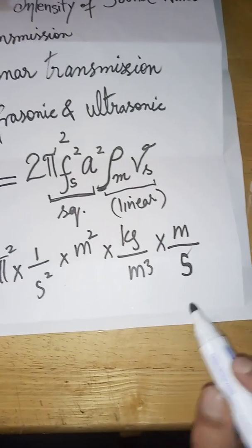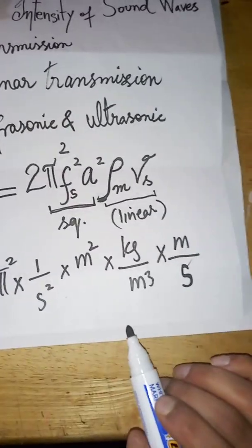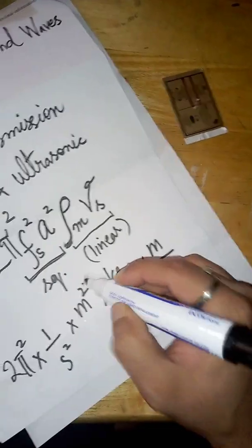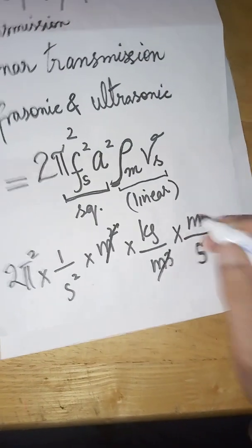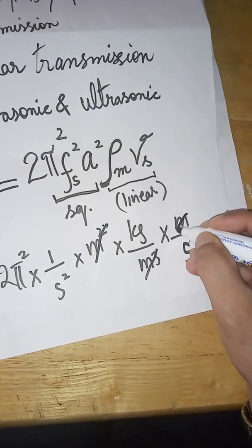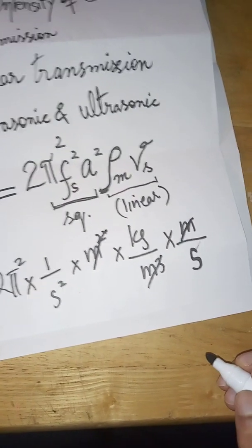Now this should equal watts per meter squared. So we'll get kg per second cubed.